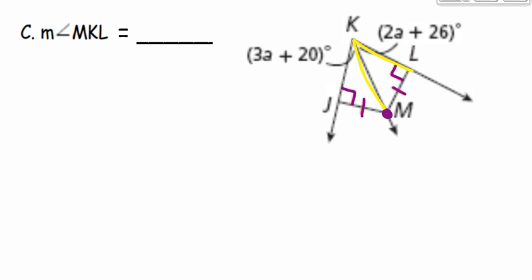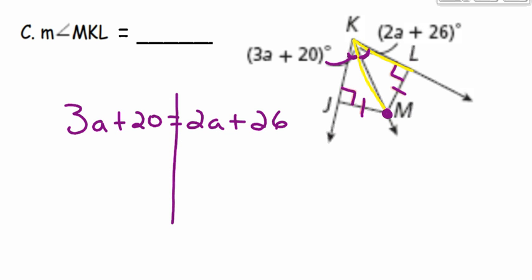They're giving me an algebraic expression for this angle right here, and also one for this angle right here. Those two angles have to be congruent, so the expressions have to be equal to each other. So I'm going to set that up as 3a plus 20 equals 2a plus 26.